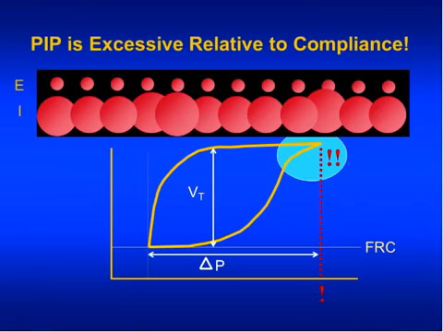The lungs are in fact injured by overstretching, as illustrated here in this cartoon, when the alveoli are stretched to excess. That is when a lung injury occurs. And so the pressures don't have to be extremely high. If the lung is completely normal with very good compliance, even a moderate pressure can overstretch the lung and cause injury.